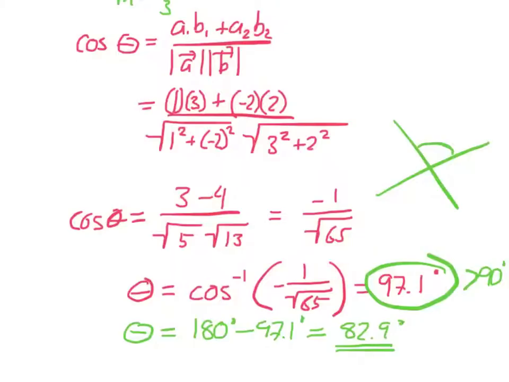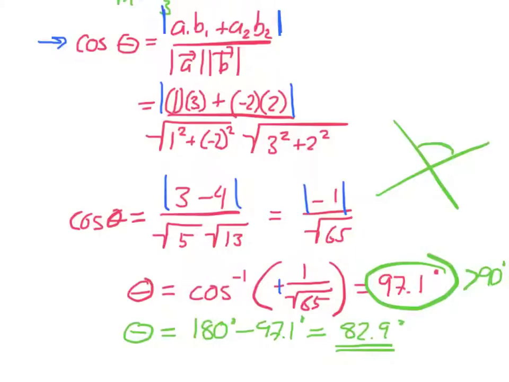Now, one thing that your textbook does, if you're looking at your textbook, back up here in the modified dot product equation, your textbook puts absolute values around the numerator. So we're really finding the absolute value of the arithmetic form of the dot product. And so if we followed that through, we'd be taking the absolute value here, here, and here, and that would get us a positive 1.